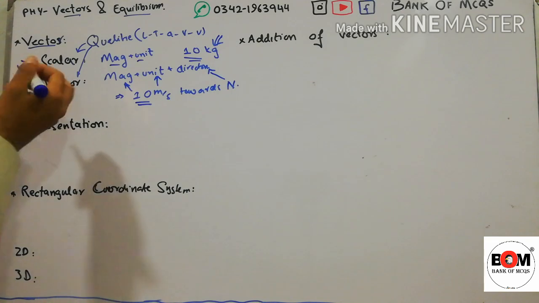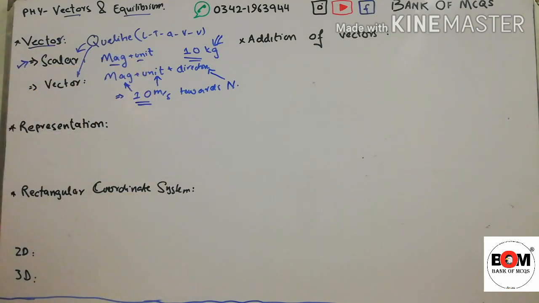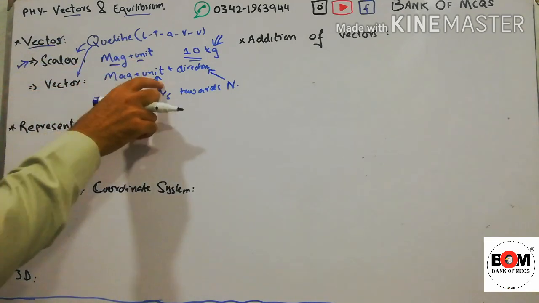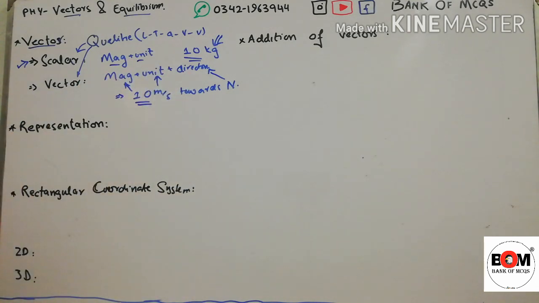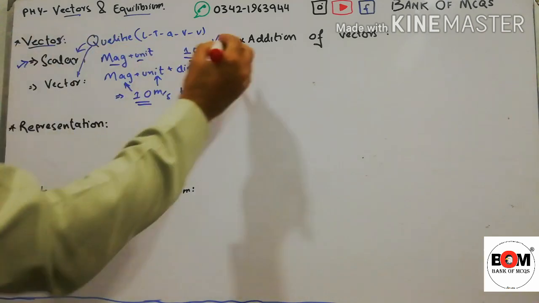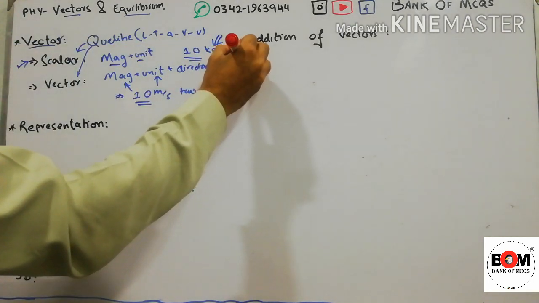So to define a scalar we need magnitude and unit, and to define a vector we need magnitude, unit as well as direction.